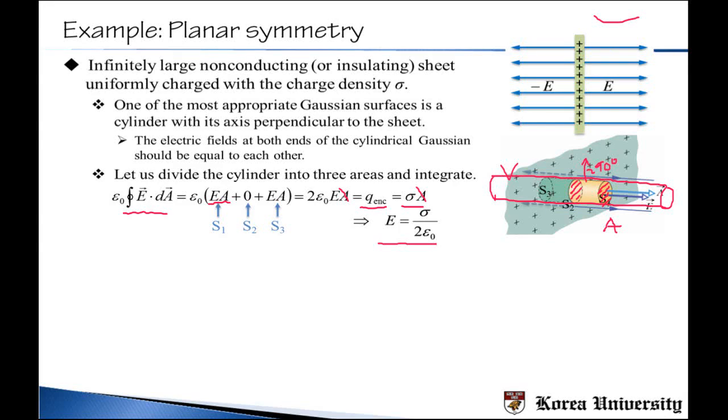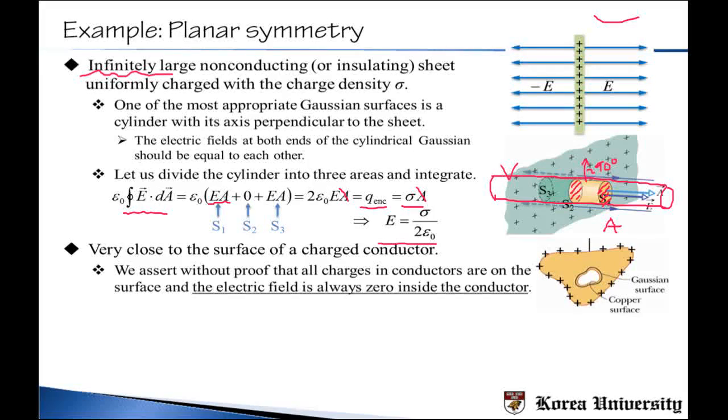So the length of the Gaussian surface didn't matter, so the position does not matter, which means the electric field does not depend on the distance from the sheet. And the reason is because we have assumed that this sheet is infinitely large. So if it's infinitely large, moving slightly away from it doesn't really matter.